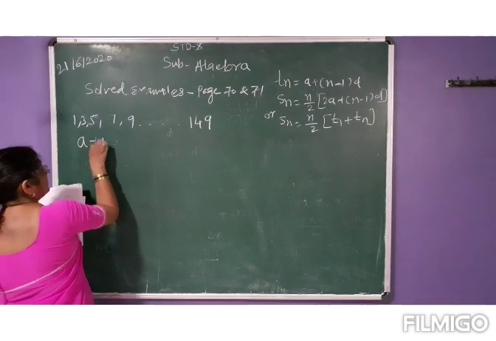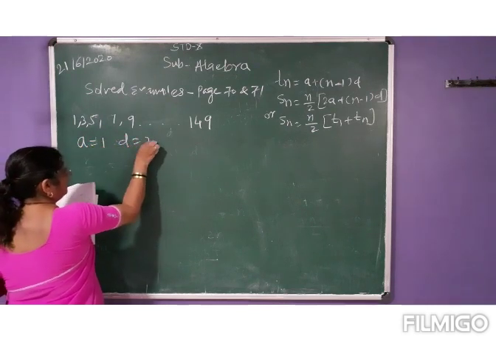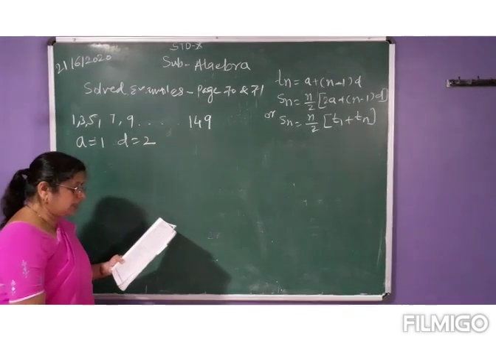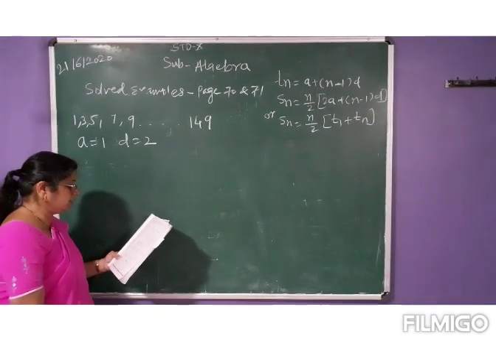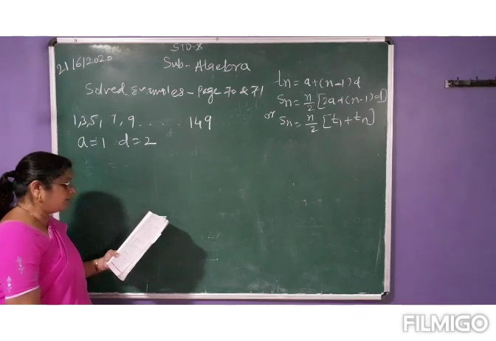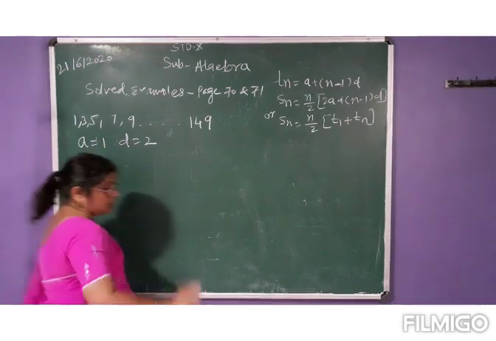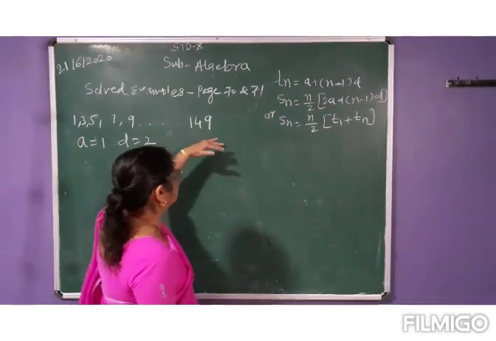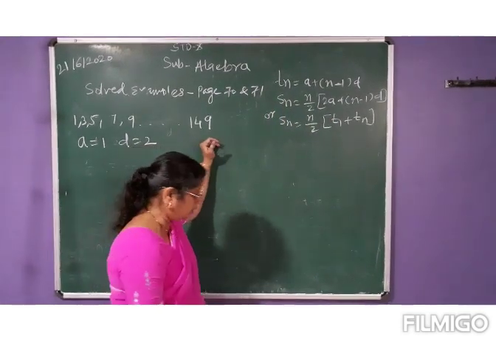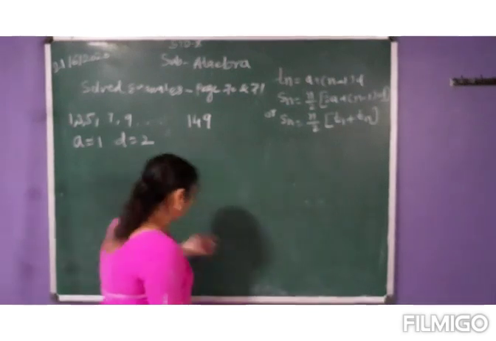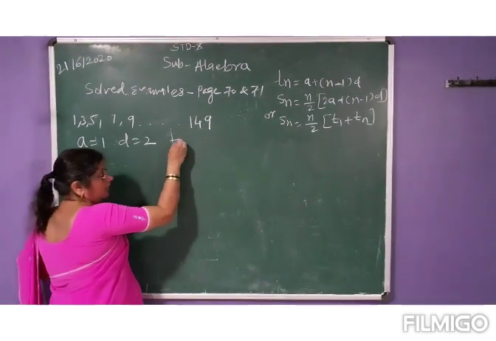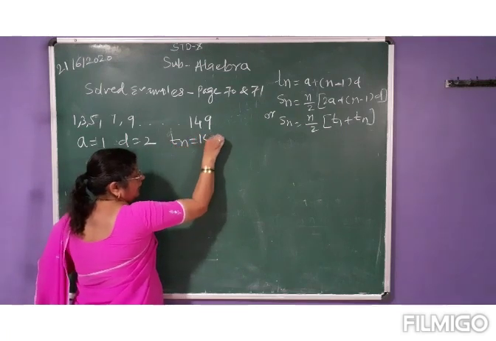So you got a as 1, d you know is 2, or otherwise you can find it out, d as 2. And what is given here is to find the value of n. That means now see, as I told you when I taught you the Tn formula, see what is given in the question, that is very important. Now see here, what is given? Now this 149 is your Tn.